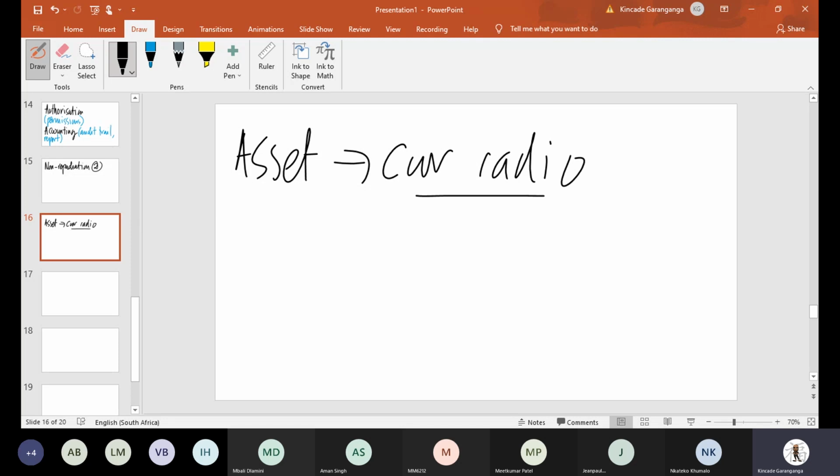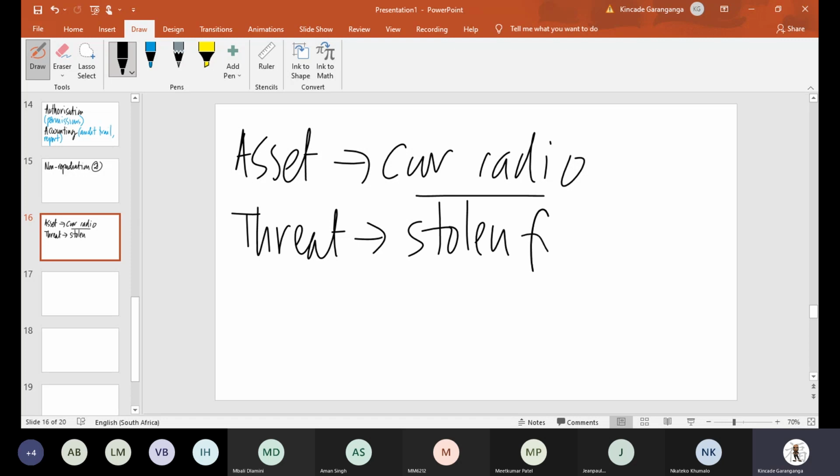So with this car radio, if we discuss a threat, right? A threat, as far as this particular car radio is concerned, would obviously be it being stolen, all right? So the threat would be stolen from the car. That's a typical example of a threat. What would be a threat agent?